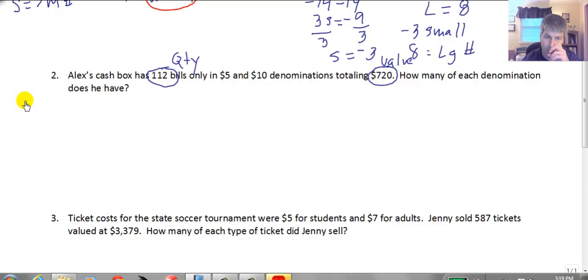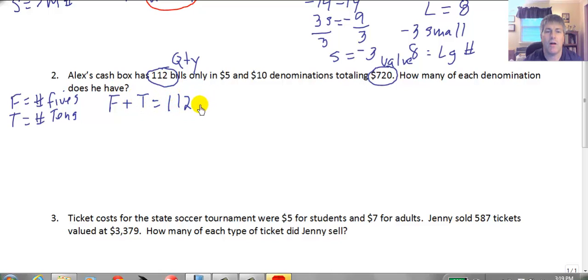Well, he's only got $5 and $10 bills, so we will let F equal the number of $5 bills, and we'll let T equal the number of tens. So we know that Alex's fives plus his tens equals 112 bills.